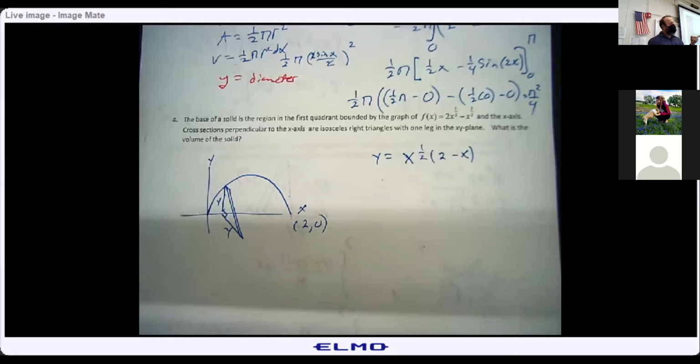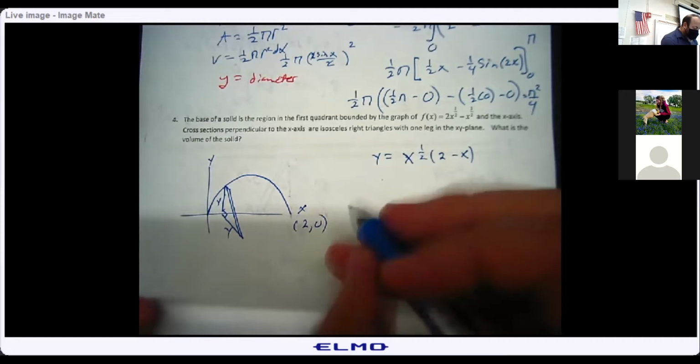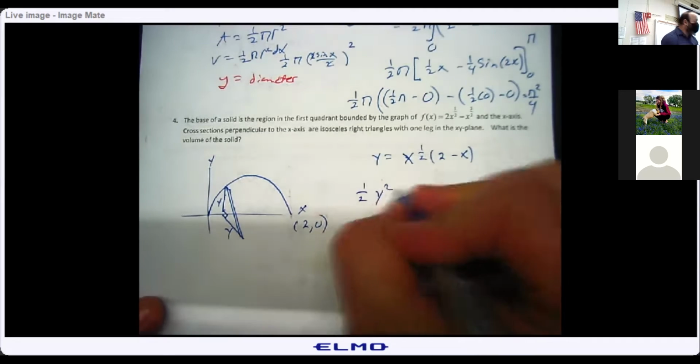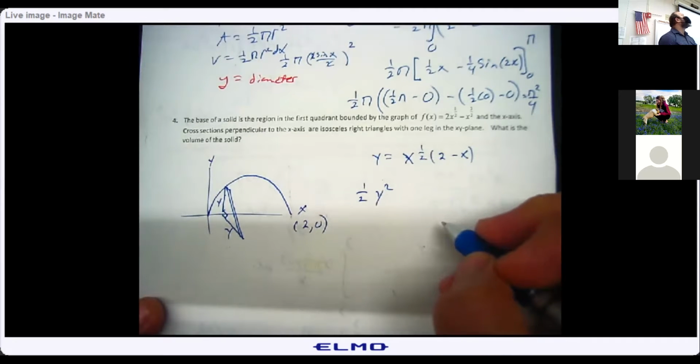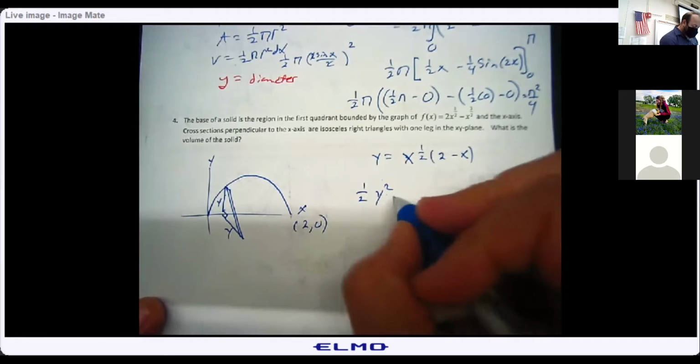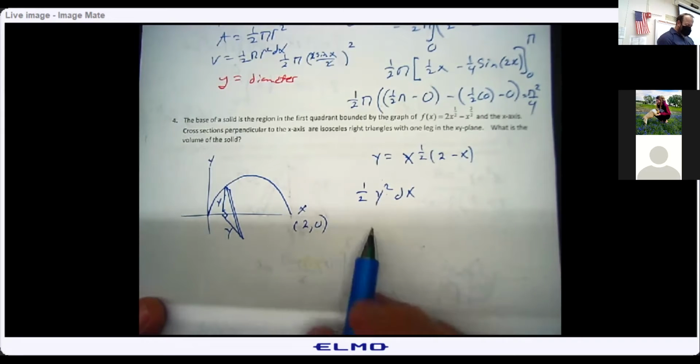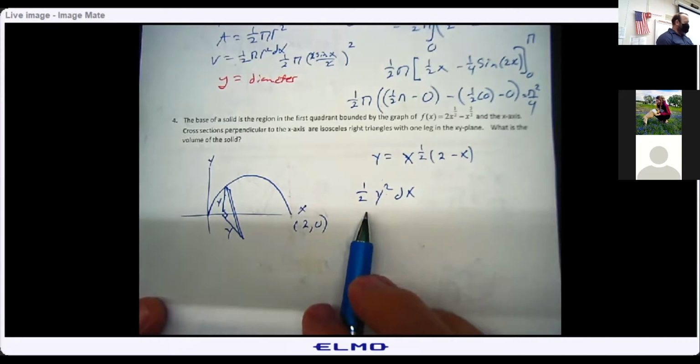What's that? Y squared divided by 2, because it's a triangle. So we have 1/2 y squared dx, right? So what about that? We need to get rid of this, don't we? So guys, how am I going to get y squared?